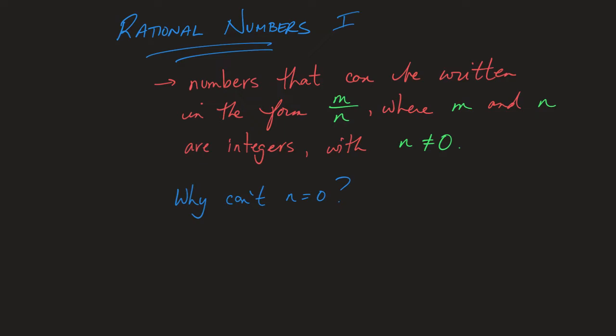So what you see on the screen right now is a formal definition in red and green for what a rational number is. You can see in red that it's numbers that can be written in the form m over n, where m and n are integers, with n not being equal to 0. That's a does not equal symbol there.